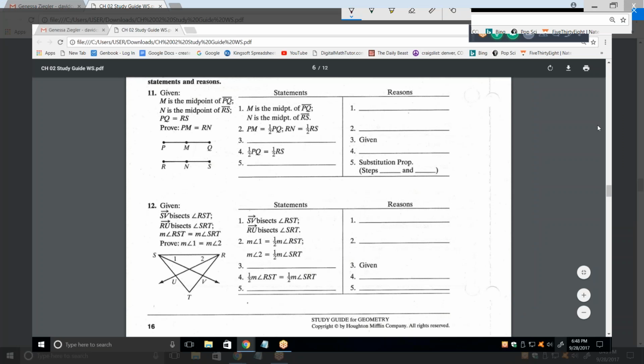Again, what's with the given in number 3? I have no idea. I know, we're just going to assume that, well, first of all, number 1 is given, right? In other words, there it is right there. That's the given. And PQ equals RS is also given.